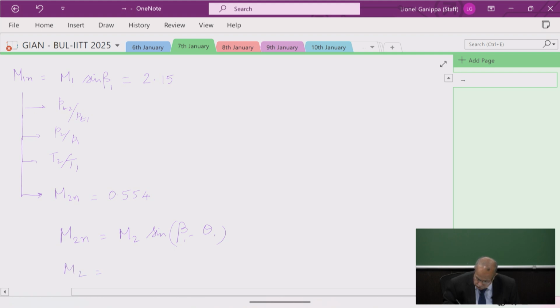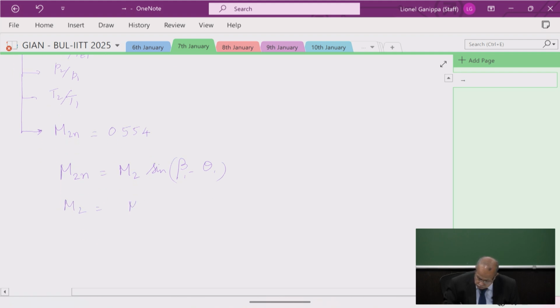So from this you can find M2 is equal to M2N by sine (beta 1 minus theta 1).